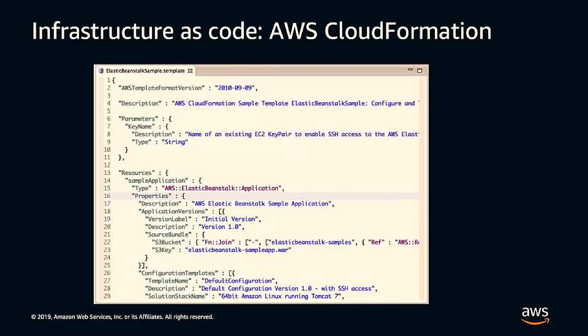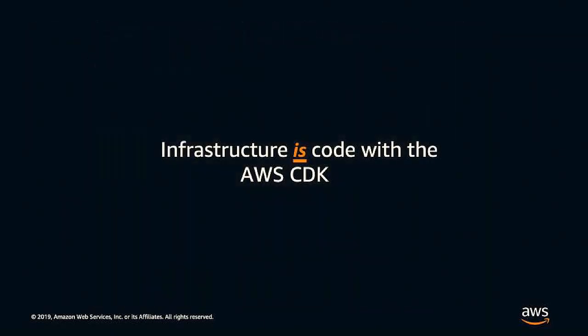So sometimes you might hear talk about infrastructure in code. We're talking about infrastructure as code, so infrastructure is code with the AWS CDK. So you're using code to define your infrastructure, and you can use a number of different languages.